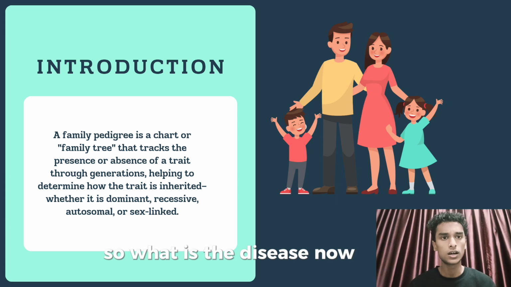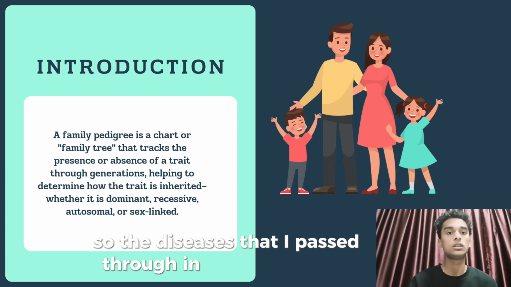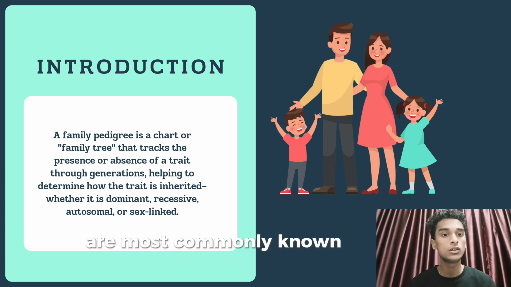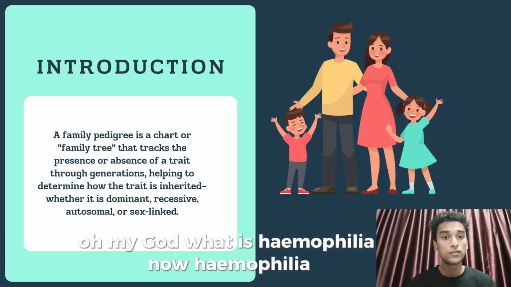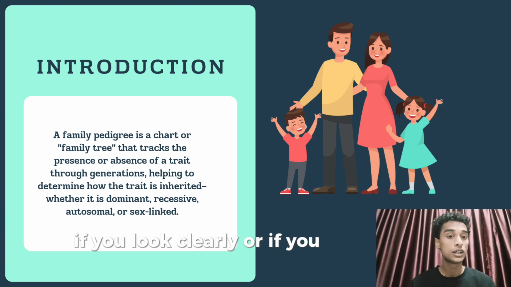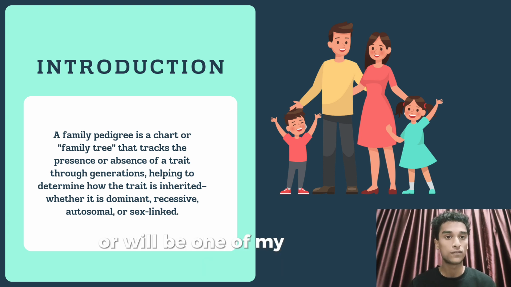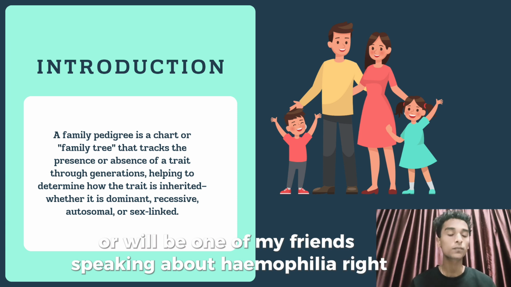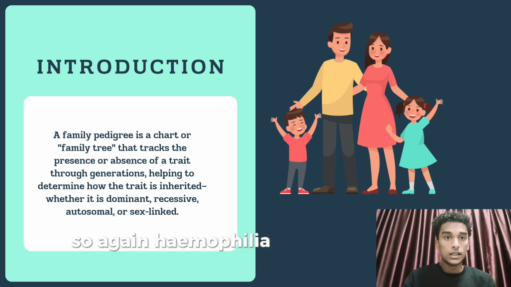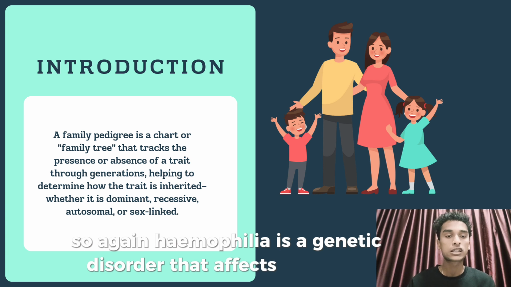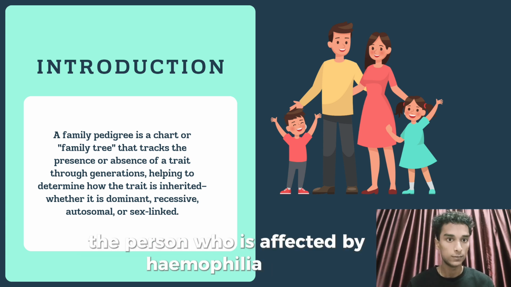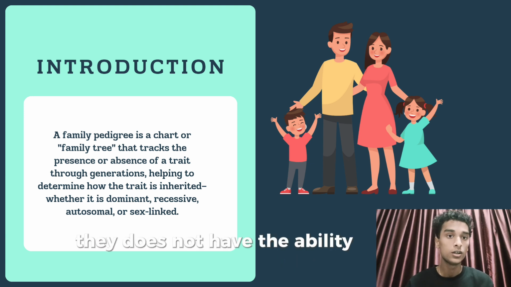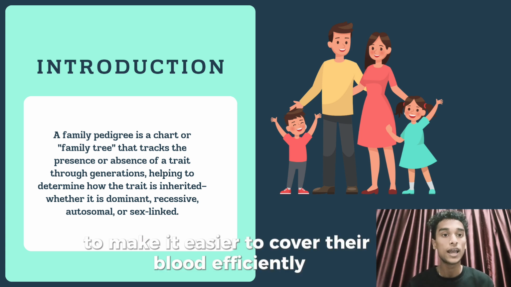So, what is the disease now? The diseases that are passed down through generations are most commonly known as hemophilia. Oh my god, what is hemophilia now? Hemophilia is a genetic disorder that affects the blood's ability to clot, which means the person affected by hemophilia does not have the ability to clot their blood efficiently.